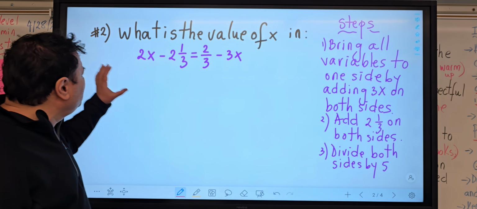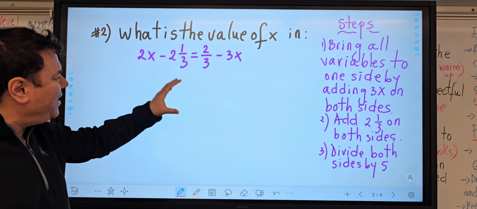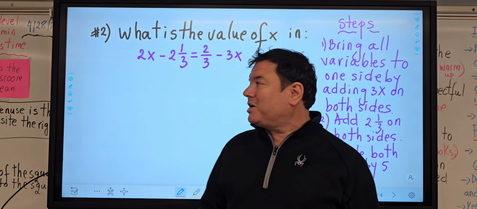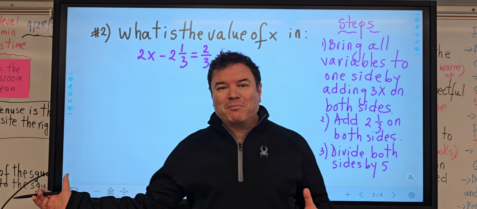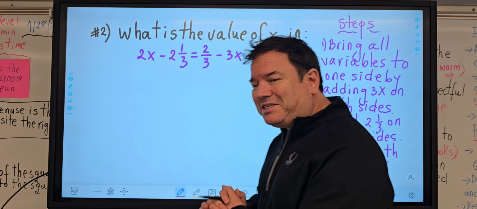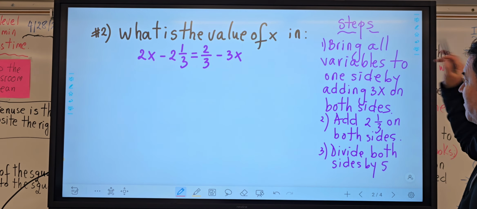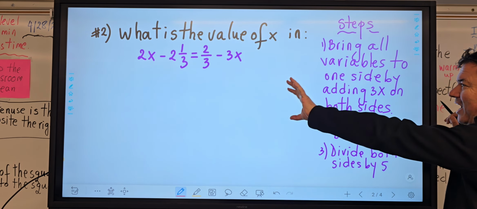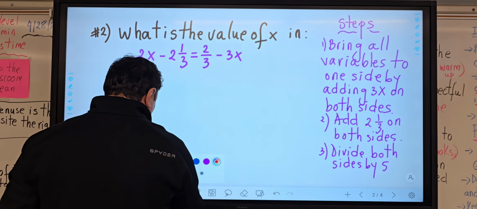In this case, we need to solve this equation, and again, we need to find the value of x, but this type of equation is called a complex equation because we have some fractions, and also we have variables on both sides, and let's see what we have. First of all, let's write down some steps. Step number 1 would be to bring all the variables to one side of the equation by adding 3x on both sides.